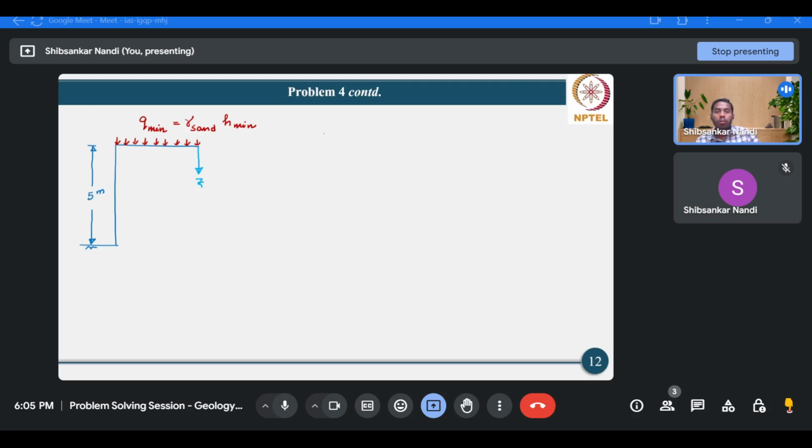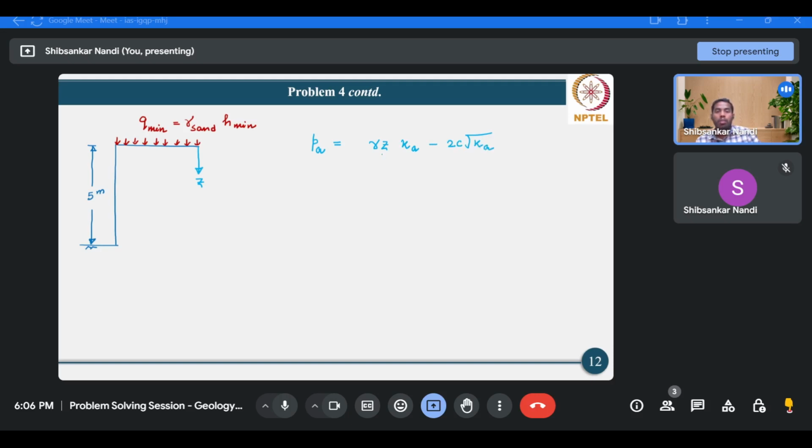Now what we know, the variation of PA will be gamma Z Ka minus 2C root Ka.